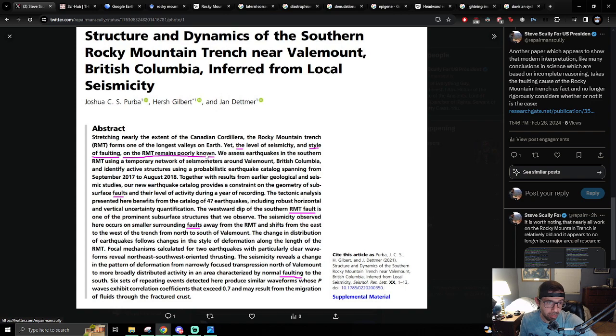So even though we've concluded that it is caused by faulting and not surface processes, but like deep down earth processes that are propagating to the surface, but not erosion at the surface, even though we've concluded that, it's still not really well known.